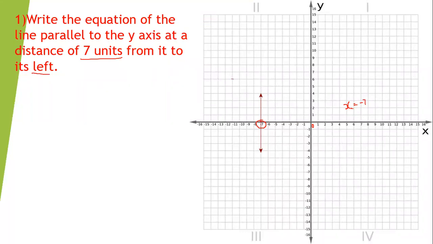Or you can do it the other way also. This line is passing through which axis? It is passing through the x-axis. So first you write x, then equal to, then see which coordinate it is. It is passing through -7, right?